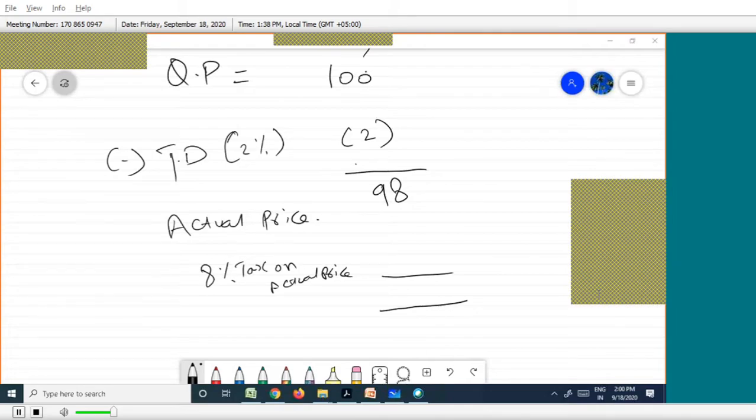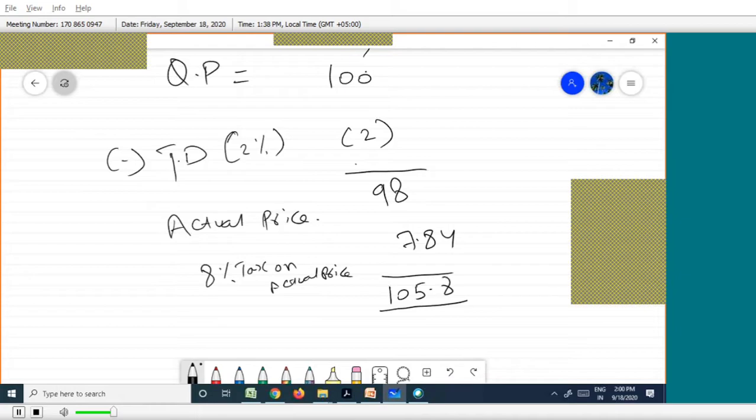Please message me. 98 into 8% is 7.84. So 98 plus 7.84 is 105.84. This is my selling price.